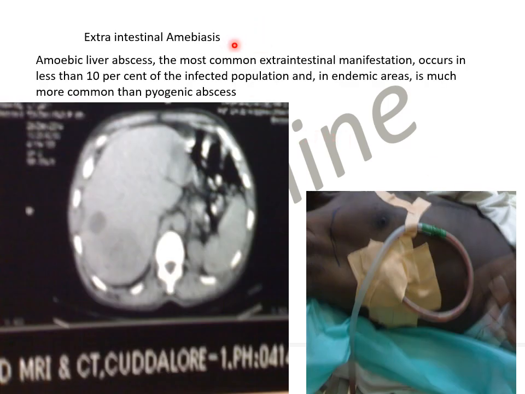Extraintestinal amebiasis. This is a patient who's had a liver abscess. As I told you, you see here, they will form small or large abscesses or abscesses which are not in continuity. There is one more here.